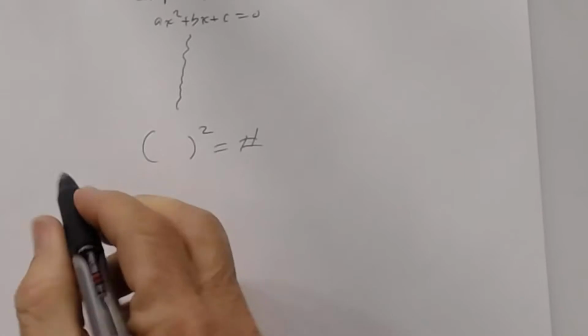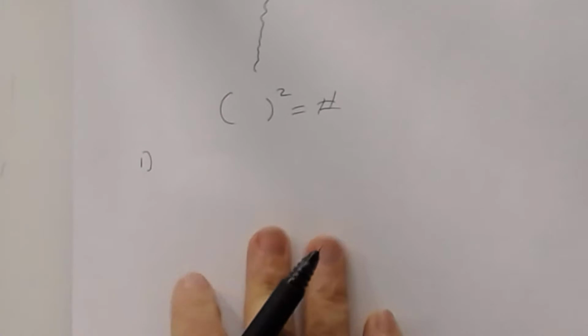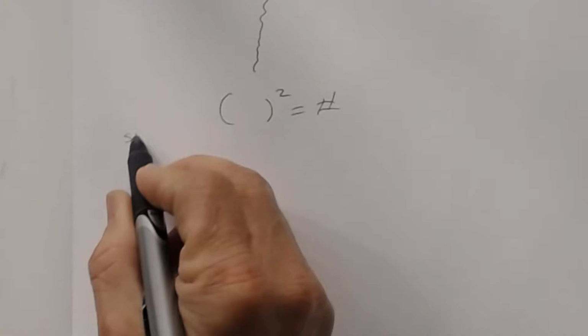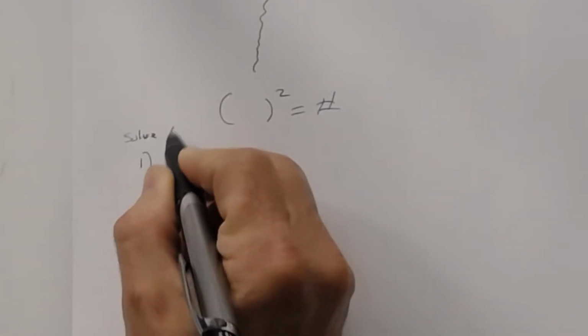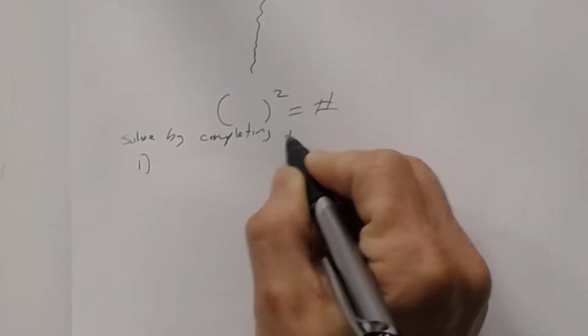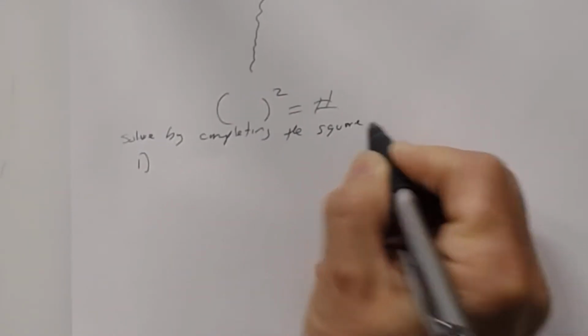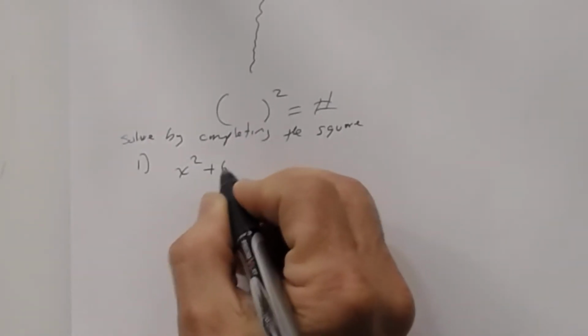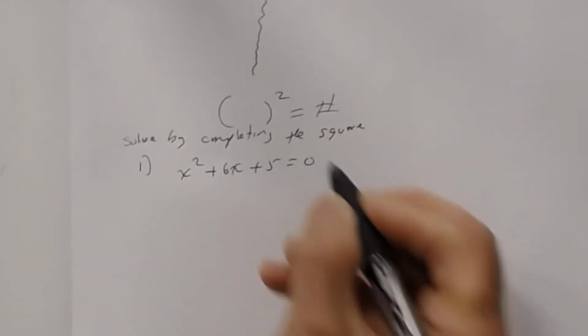We're going to solve this by completing the square. x squared plus 6x plus 5 equals 0.